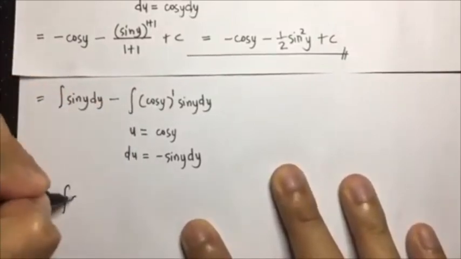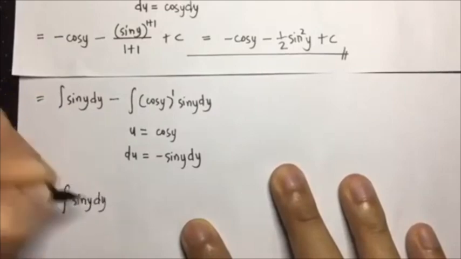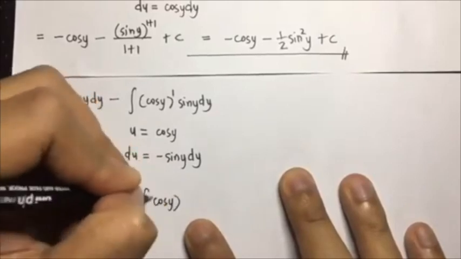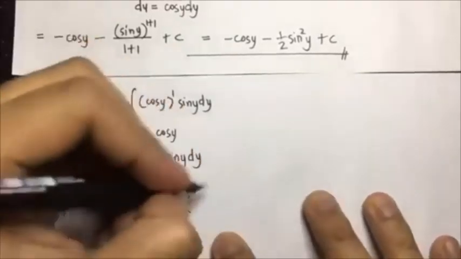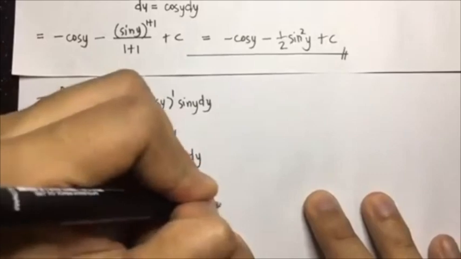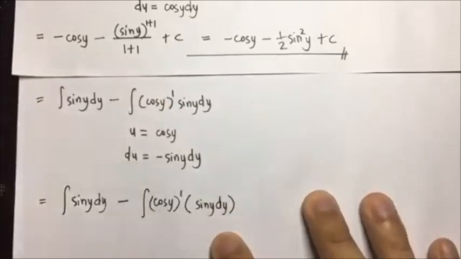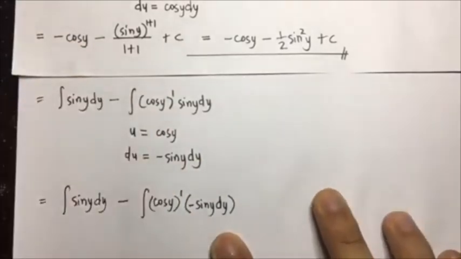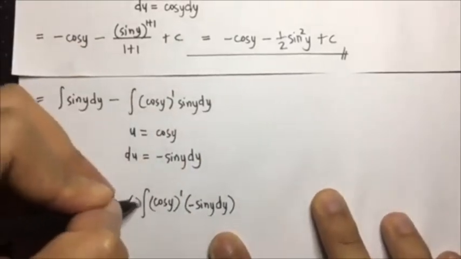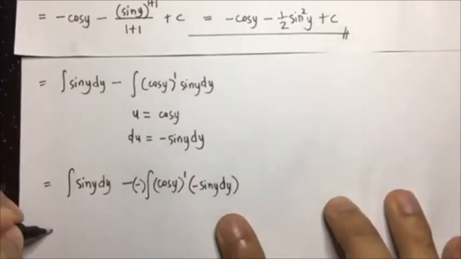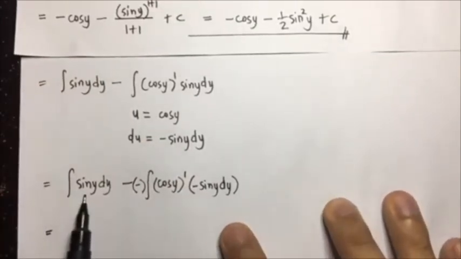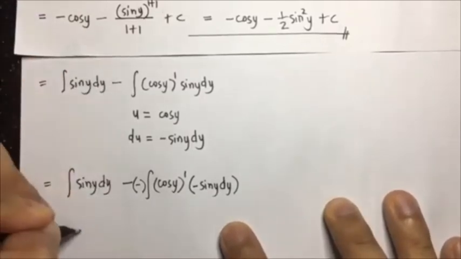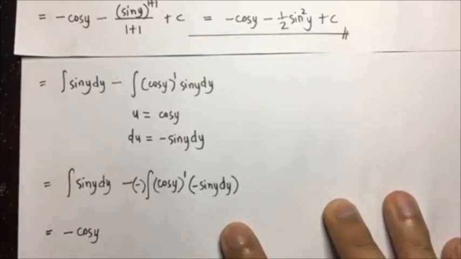So this will become sine y dy minus integral of cosine of y raised to 1 times sine y dy. So again, we have a missing negative sign to complete the differential. Then we must also write negative outside the integral sign. So we can now integrate this. So the integral of sine y dy, nothing has changed, so it's still negative cosine of y.